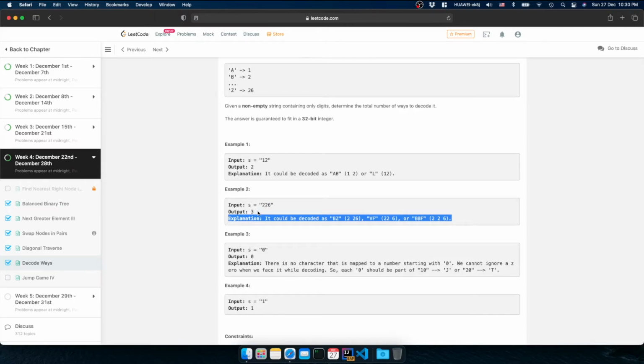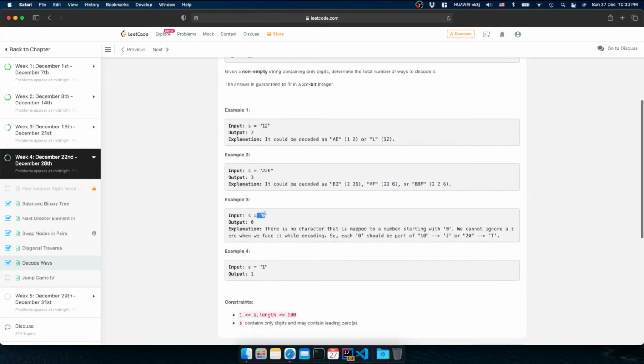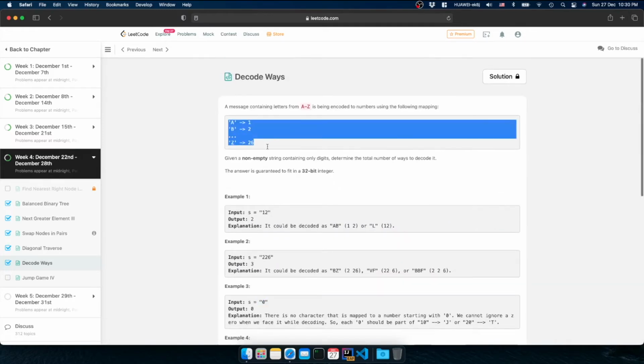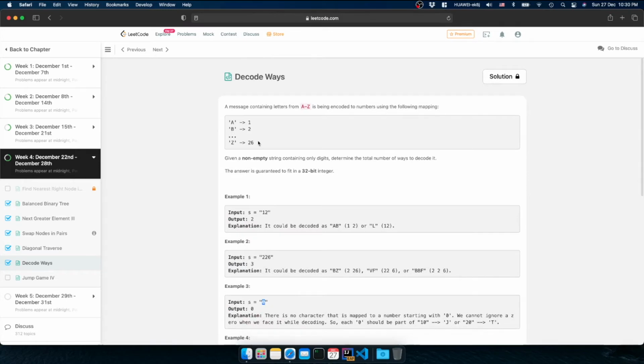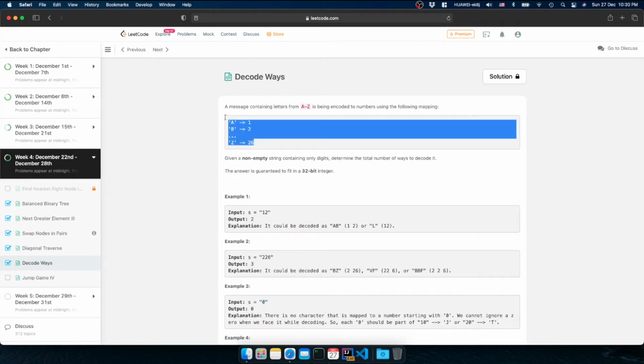So the problem is very straightforward. We will always have a string of digits and we will have to find out the number of ways in which we can decode it, right? I hope this is clear. And there are a few things which can go negative. So say something like 0. We do not have any mapping for 0, so we will return 0. Similarly, say if the input is 27, we don't have any mapping for 27, right?